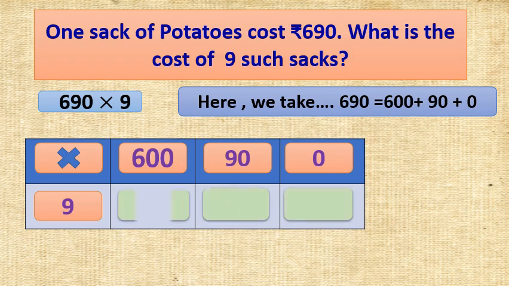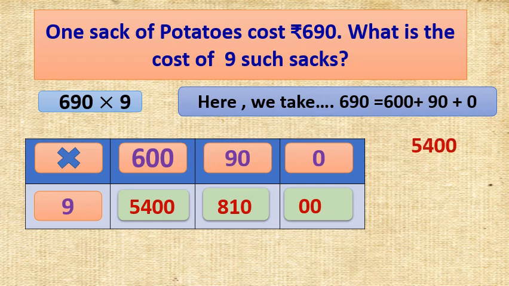Now we will carry out the multiplication. 9 into 0, you know that is 0. 9 9s are 81 and one more 0, that is 810. Here 9 6s are 54 and two more zeros. Correct? That is 5400.